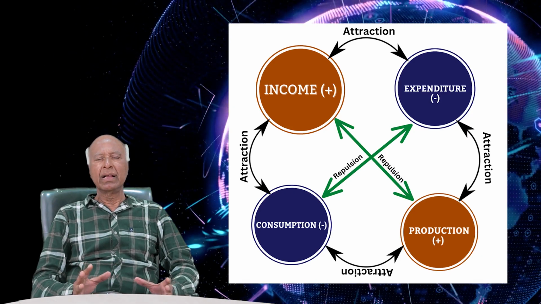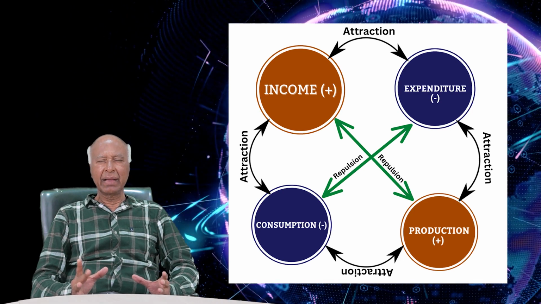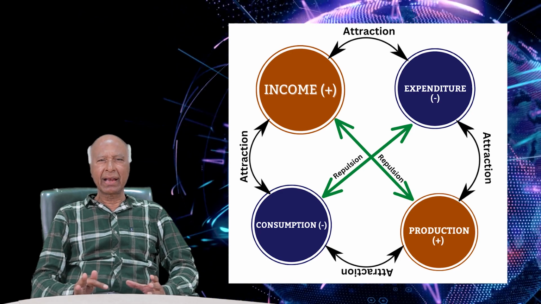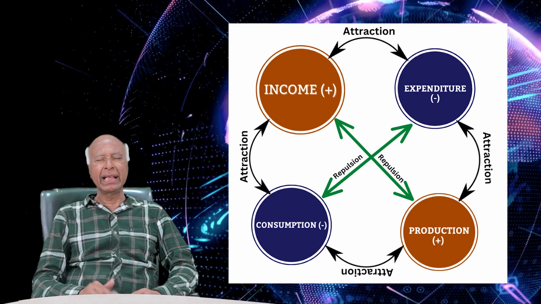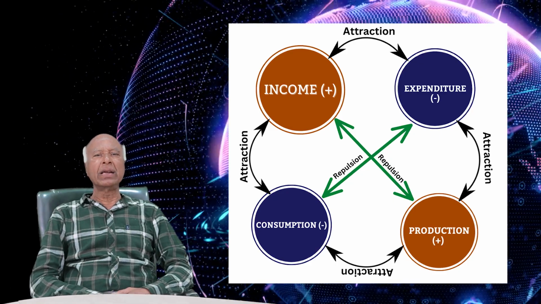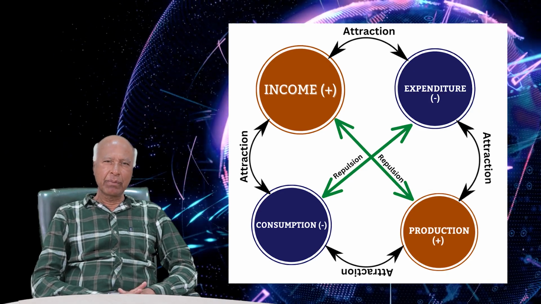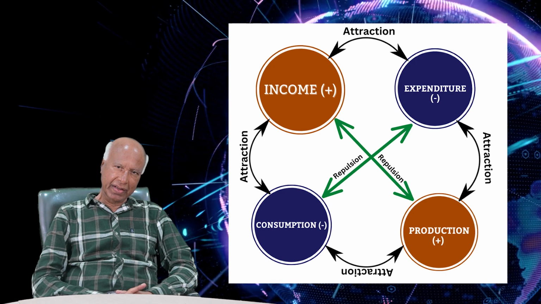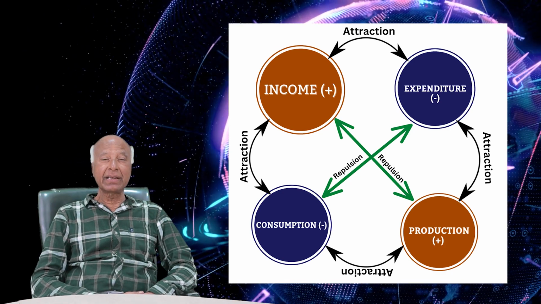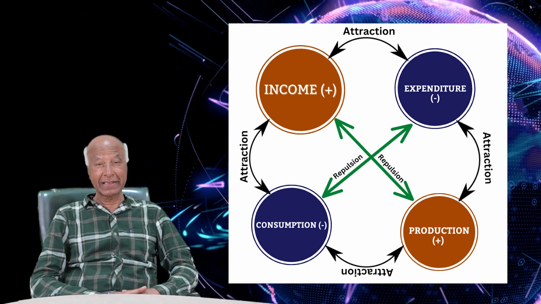That is what the four basic economy poles, they bind each other, and in between these four you will find the red lines of repulsion. As I told you before, if the income is plus, the production is also plus. If consumption is minus, then expenditure is also minus.